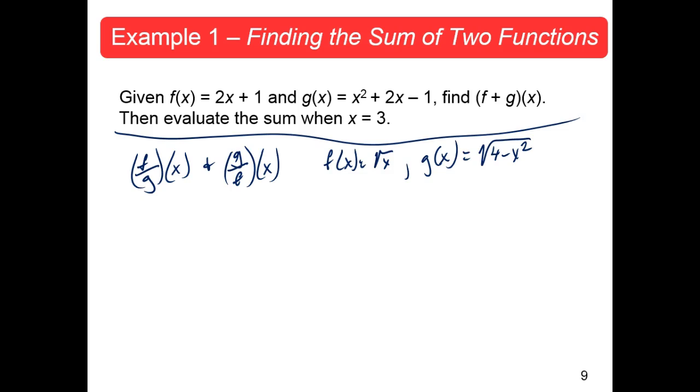So let's start with the f of x. What's the domain of that function? Absolutely, because anything in a radical has to be greater than or equal to 0, and the only thing in there is x, so the domain here is x greater than or equal to 0. Very good. How about g of x?